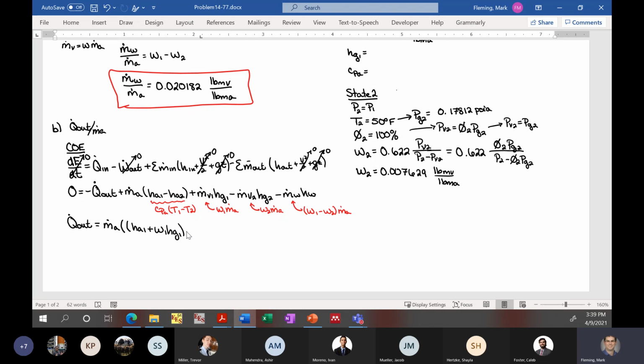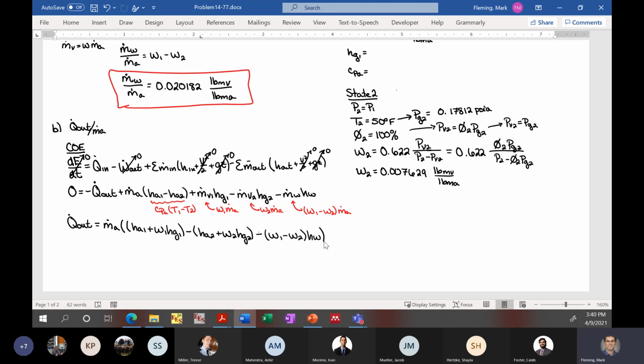I'll put a parenthesis there. Now we'll have minus, and another parenthesis, H of the air at state 2, plus W2, with the mass flow rate of dry air coming out, times H sub G2. And then we have the last term over here. Mass flow rate of air comes out, so we have minus W1 minus W2 times the enthalpy of the water, and then we'll have our final parenthesis.